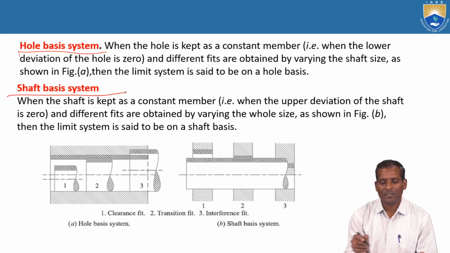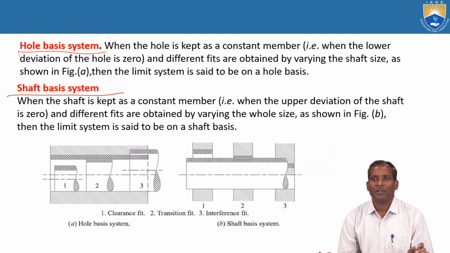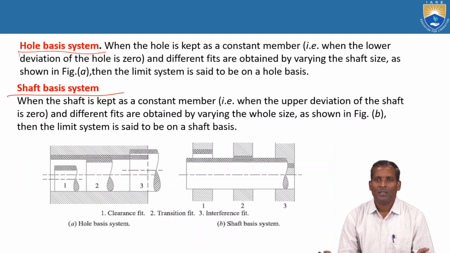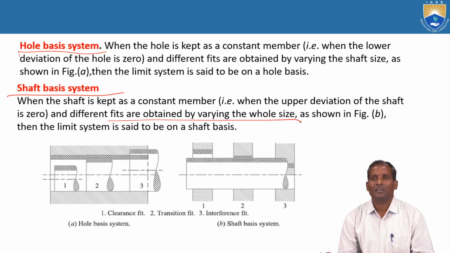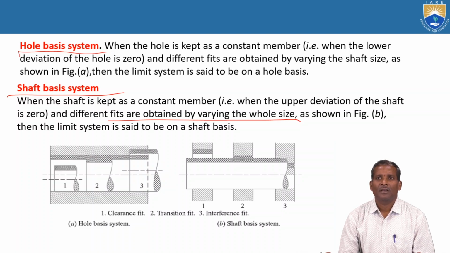Whereas in the shaft basis system, the upper deviation of the shaft is 0. So it means the shaft dimensions are always kept constant. Different types of fits are obtained by varying the hole size. Here the hole size is varying, and in the previous case the shaft size was varying.